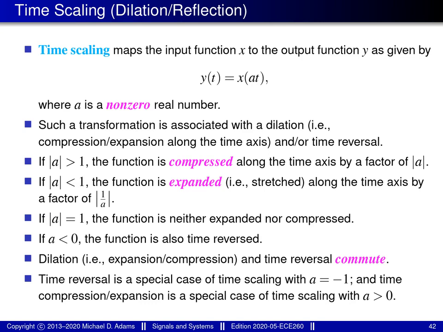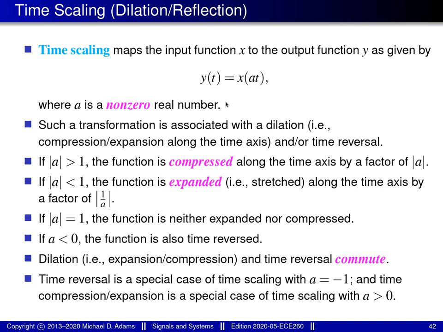The next type of independent variable transformation that I need to introduce is what's known as time scaling. Time scaling takes a function x and maps it to a function y, as given by this equation here, where the constant a that appears in this equation is a non-zero real number. In terms of what effect this has on the signal being transformed, it's essentially a combination of dilation and or time reversal.